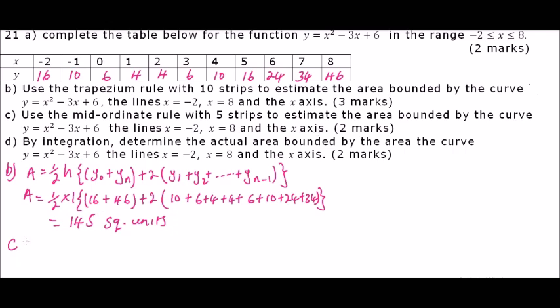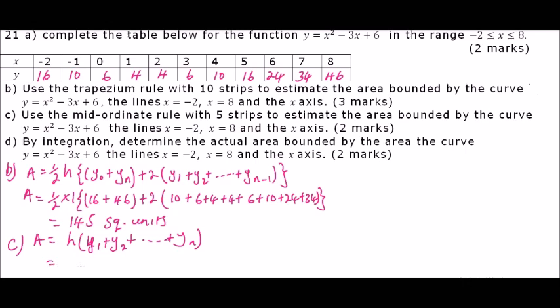So the mid-ordinate rule, we are given area is equals to height, you open the bracket, you have y1 plus y2, that is mid-ordinate, plus you go up to yn.